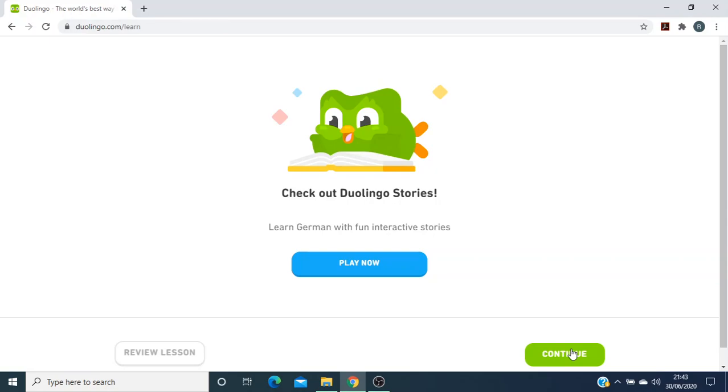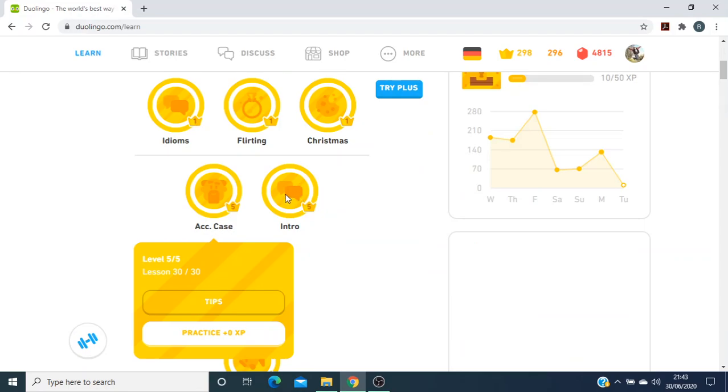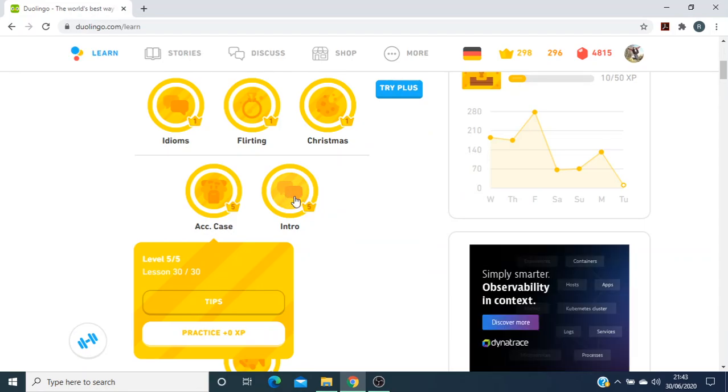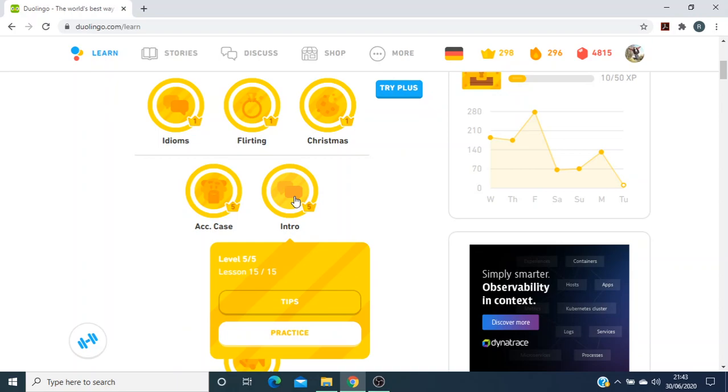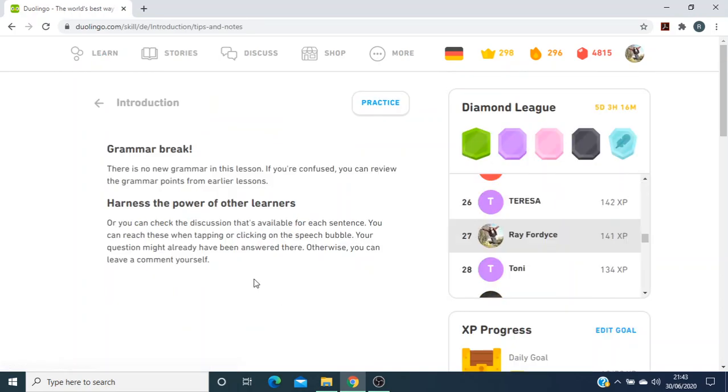So let's continue. We'll go on to the next set of lessons, which are intro. Very weird that it's got intro about 6 or 7 lessons in. But yeah, let's go. Tips. There's no new grammar in this lesson. If you're confused, you can review grammar points from earlier lessons, or you can check the discussions available for each sentence.